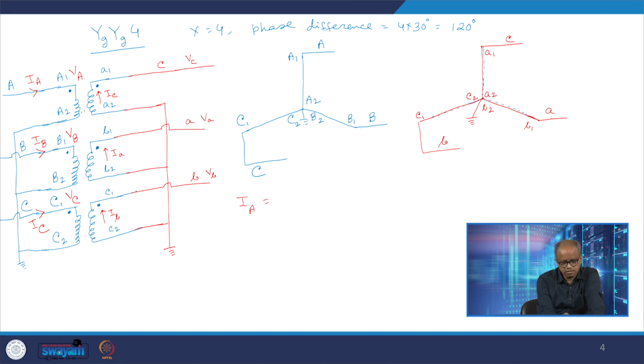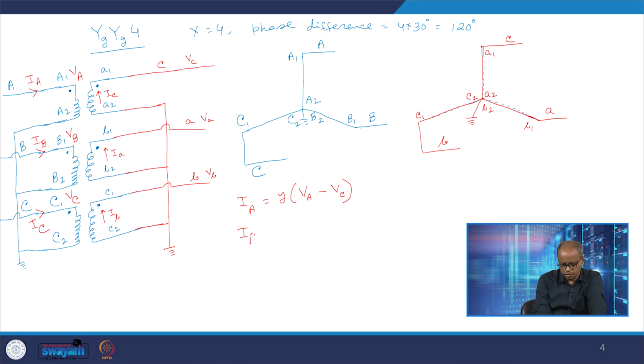As I said, the current IA would be nothing but Y into the difference between the voltages at the dot positions at the two sides. Now at the primary side the voltage is V capital A at the dot position, and at the secondary side the voltage is V small c. So then IA would be Y into V capital A minus V small c.